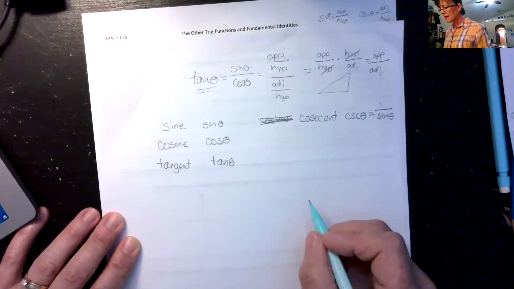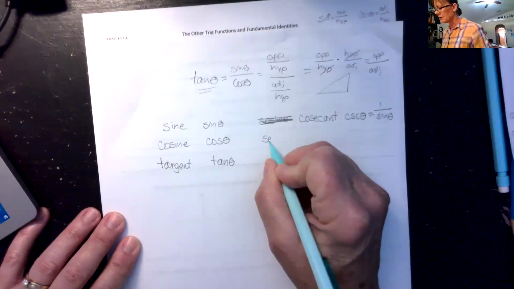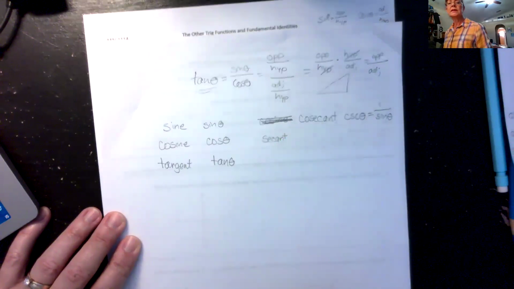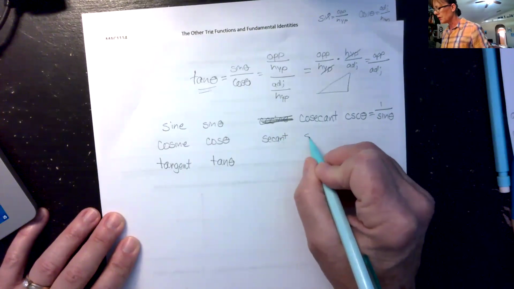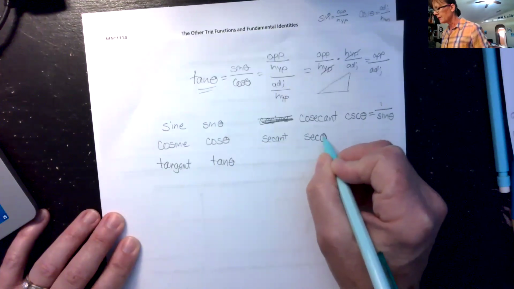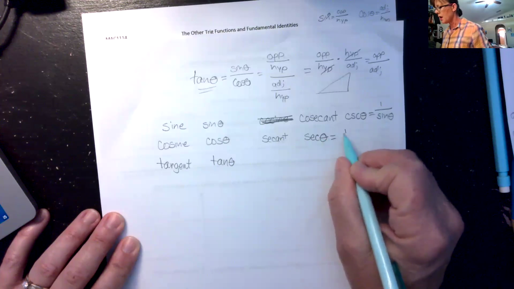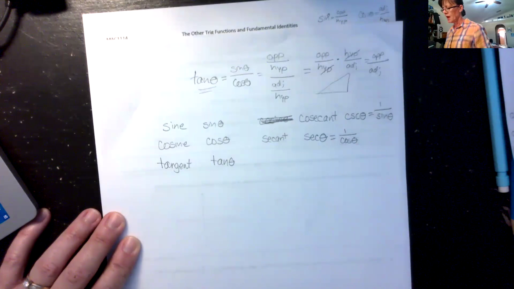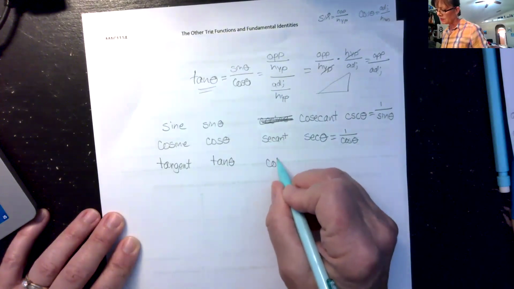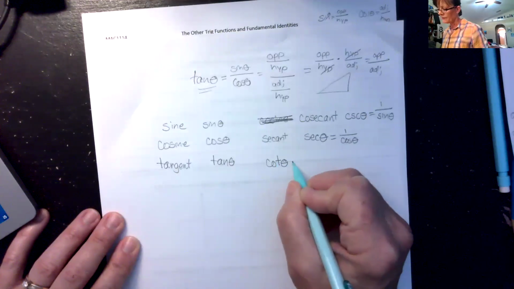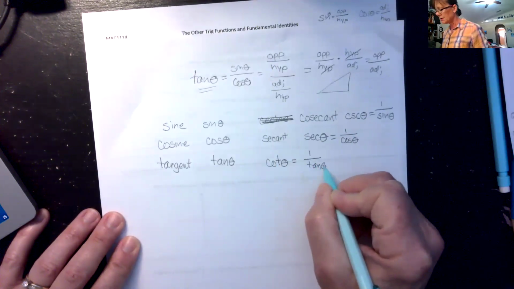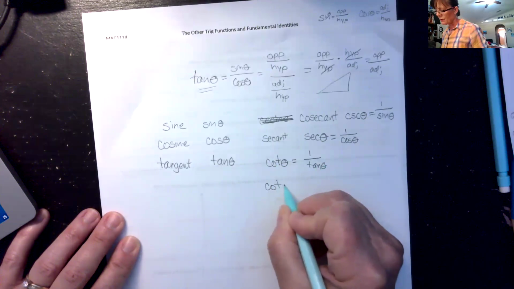And then secant is abbreviated SEC, and it is 1 over the cosine function. And then cotangent of an angle is 1 over tangent.